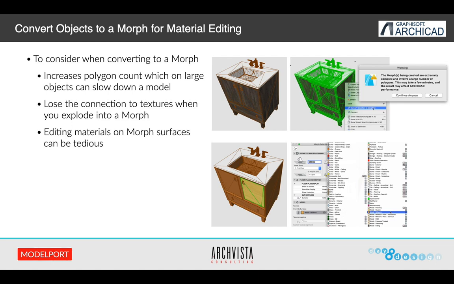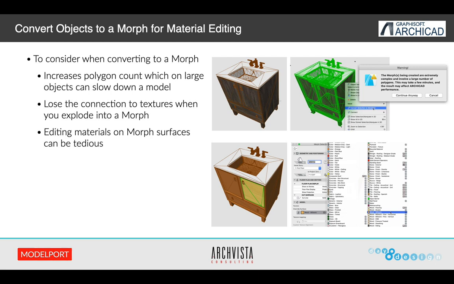And you can see this kind of warning up here in the upper right. That's what you'll see oftentimes anytime you convert an object or an element into a morph. It's going to tell you, if it has a lot of polygons to it, that you may want to think a little bit about that, because it may create a lot of complexity and slow down your model.